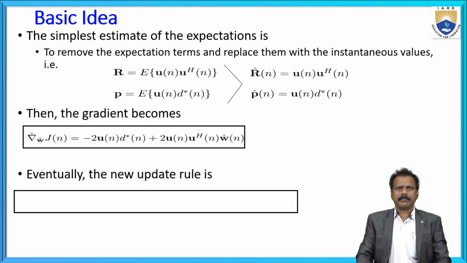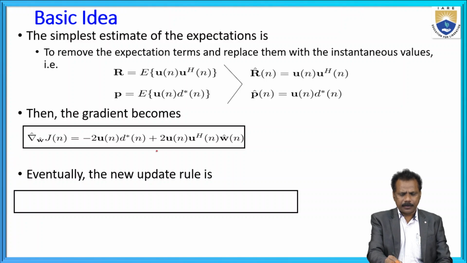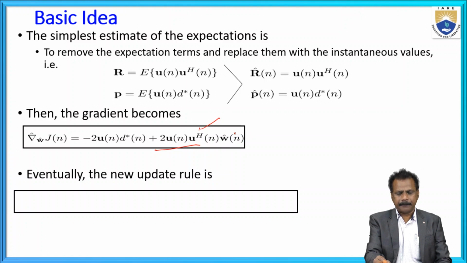The gradient estimate of J of n is equal to minus 2 u of n d of n plus 2 u of n u power H of n W of n.